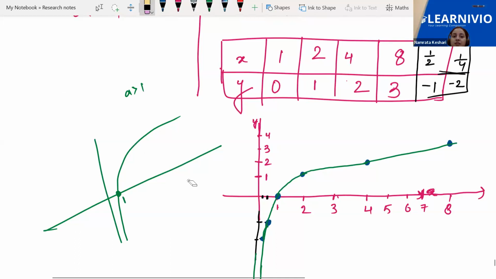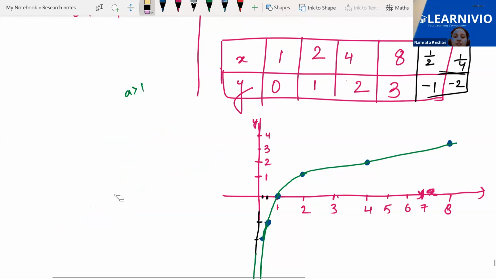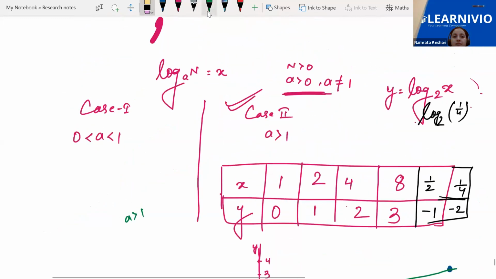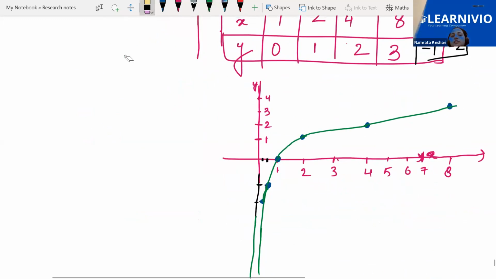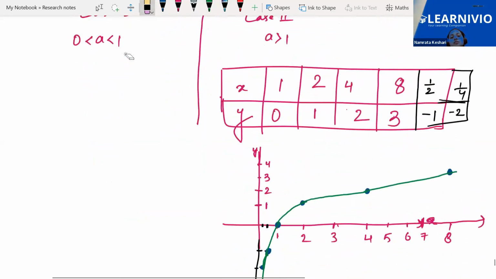No. You must be clear that instead of base 2, even if you take base 3, base 4, base 5, base 6, if you take x as 1, the y will be 0. Yes or no? Yes. Okay. So whatever the base, if it is bigger than 1, then the graph is going to intersect the x-axis at 1 comma 0. Right? Yes. Okay. So this is one of the scenarios.